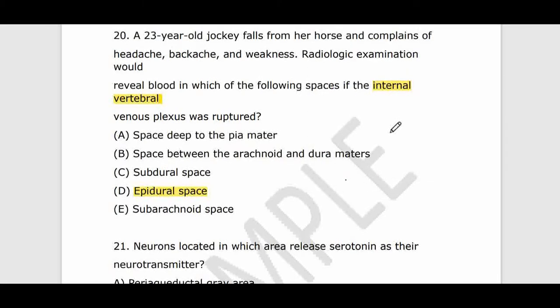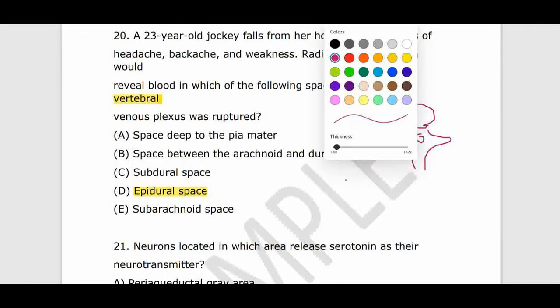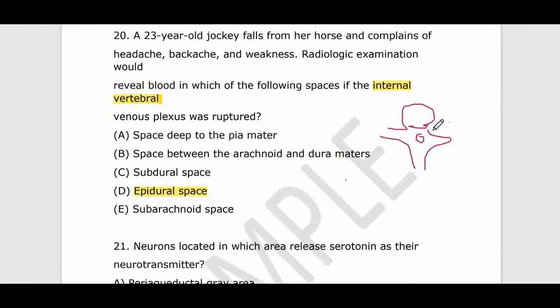So if this is the vertebra, and this is the body, what we're trying to say is that the external vertebral venous plexus will be here, outside, whereas the internal vertebral venous plexus will be part of the things inside here, overlying the coverings of the neural tissues, the spinal cord.